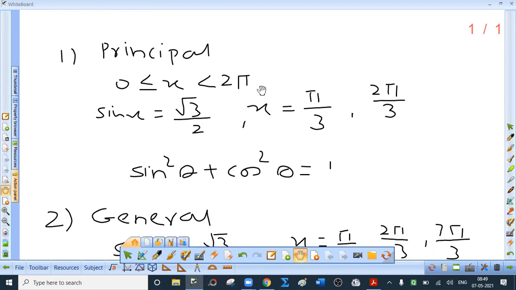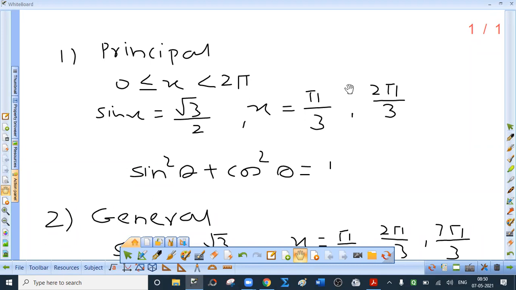Before that, let me tell you that before trigonometric equations, we have discussed equations involving variables x, y, z, right? Such equations are called algebraic equations. For example, x plus 4 equal to 0 is an algebraic equation whose solution is x equal to minus 4, and so on.